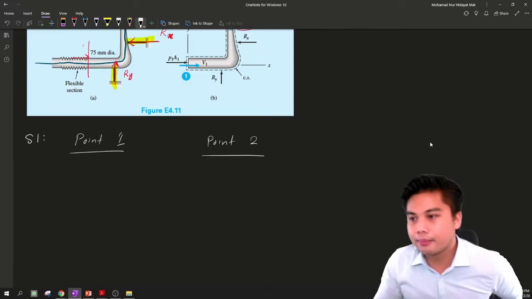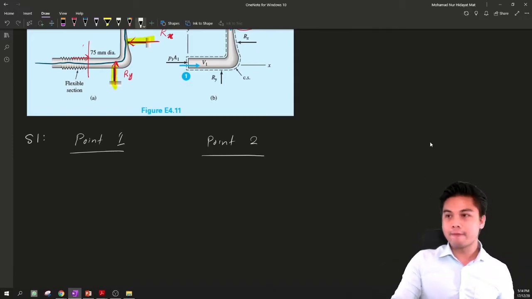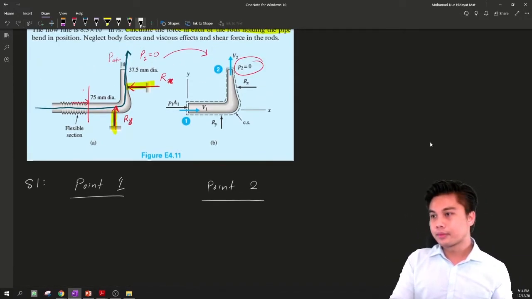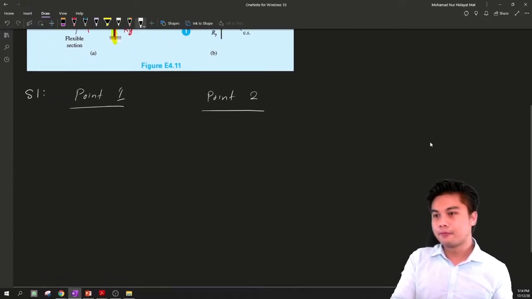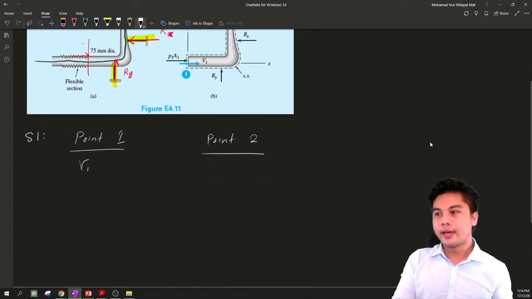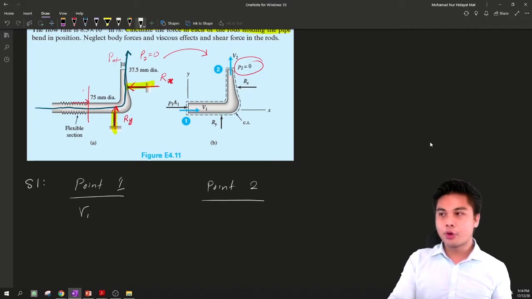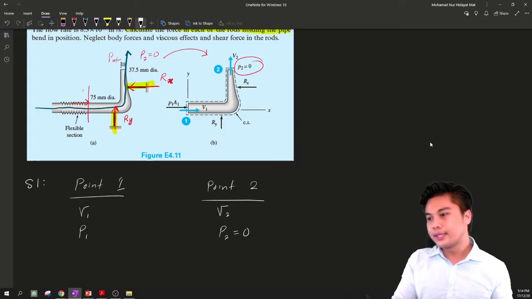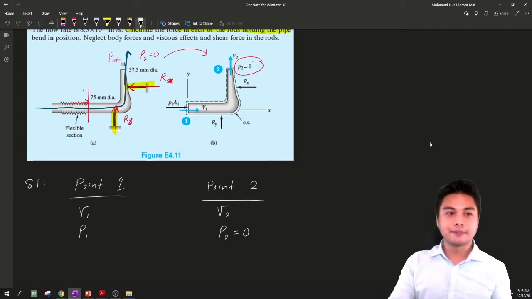At point 1, do we have the velocity? Definitely. And do we have the velocity at point 2? Yes. Do we have the pressure? Yes, we have the pressure at 1. Do we have the pressure at 2? Definitely 0, because it is exposed to the atmospheric pressure.